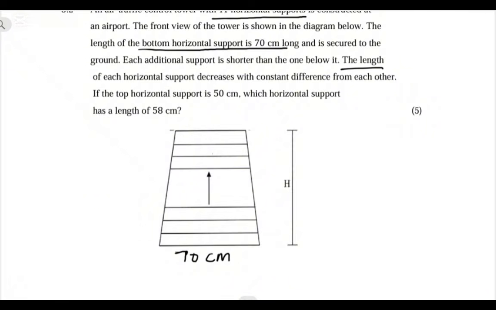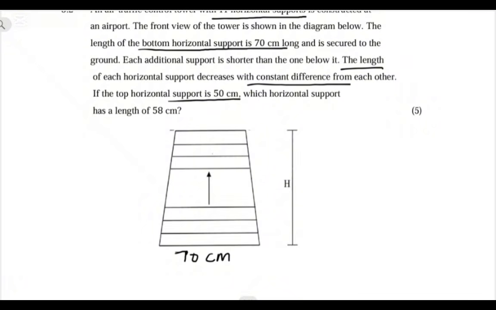Then they say the length of each horizontal support decreases with a constant difference. In other words, they're giving us a clue that this is going to be an arithmetic pattern. They say the top horizontal support is 50 centimeters, which is this one.